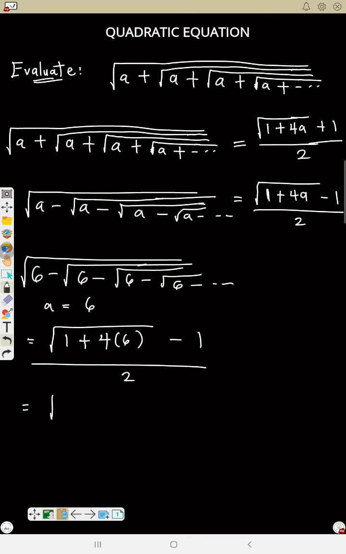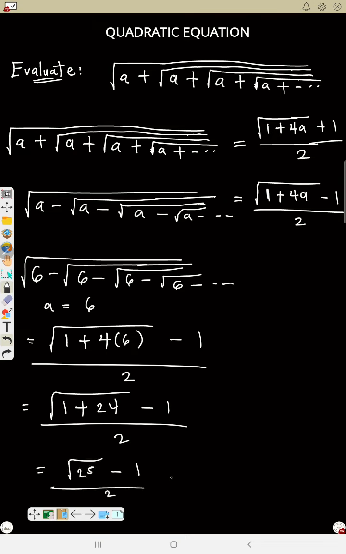So this is the same thing as the square root of 1 plus 24, minus 1, divided by 2. So that is the square root of 25, minus 1, divided by 2. So that will be 5 minus 1 divided by 2. That is 4 divided by 2, which is 2. So that means the result of this, if it is minus, will be 2.